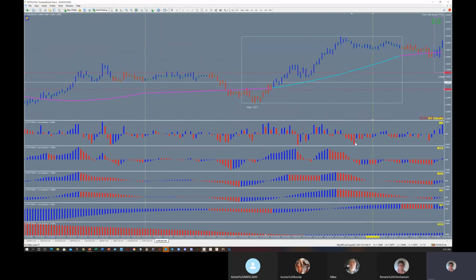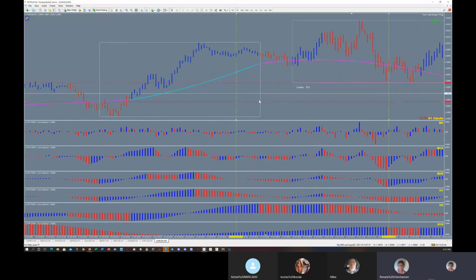Where is the sink? So here's my entry. Nope. Here's my entry. No, won't happen there. I mean, that is an entry signal, but here's the entry, right?